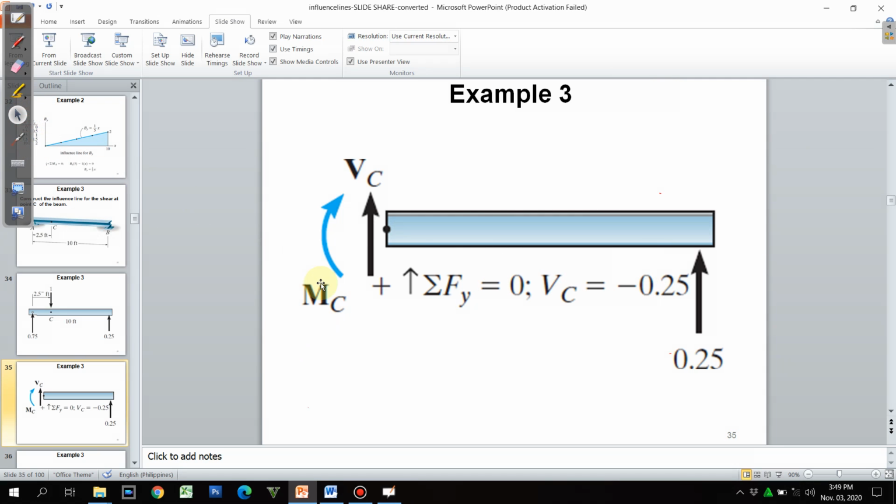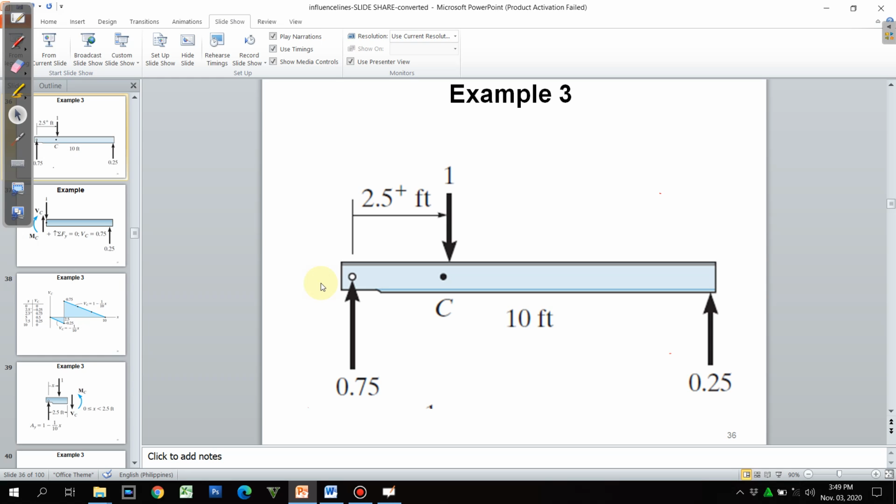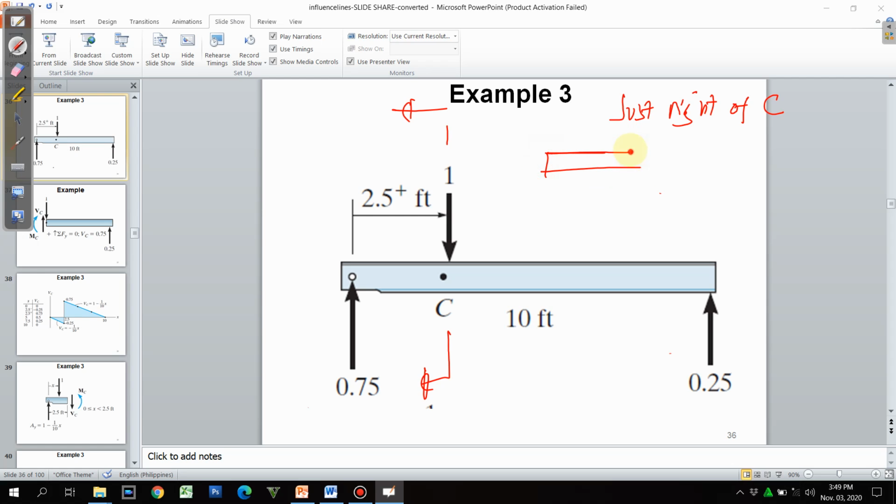So next, this is a representation wherein 1 begins to move away from C. So this is just right of C, wherein if you cut this section and consider the right or the left portion, we have just the same.